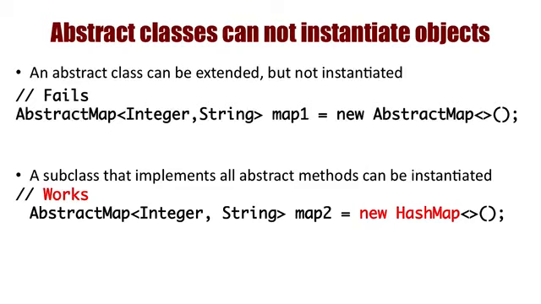However, it is possible to create an instance of HashMap, which extends AbstractMap and provides an implementation of entrySet. Abstract classes and abstract methods are used in many Java and Android class libraries to create inheritance hierarchies whose methods must be overridden by subclasses to transparently customize their behavior.